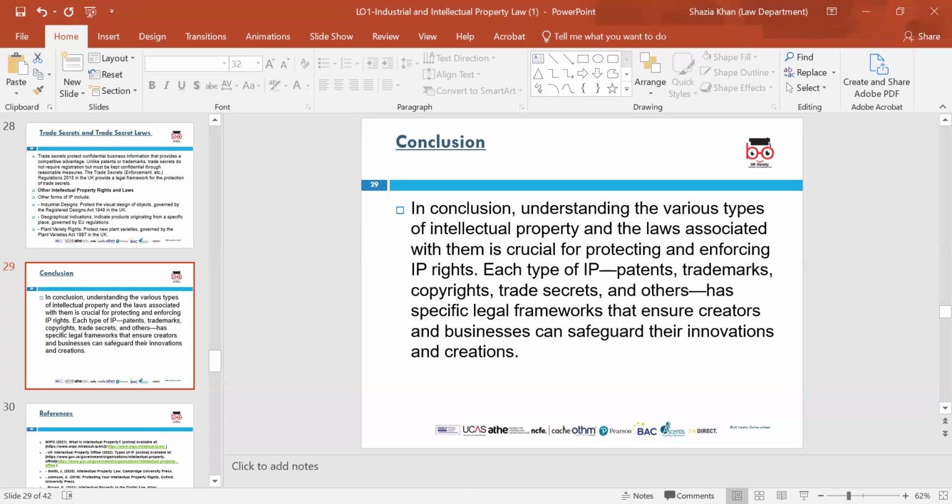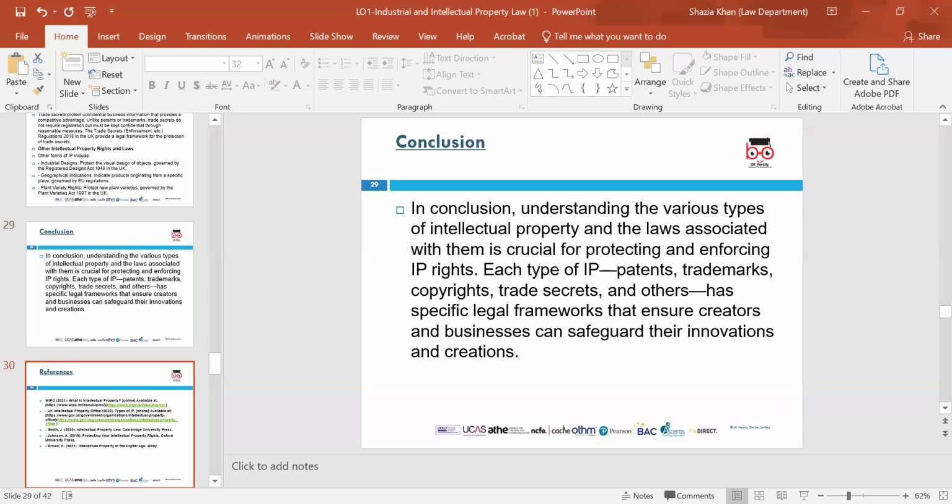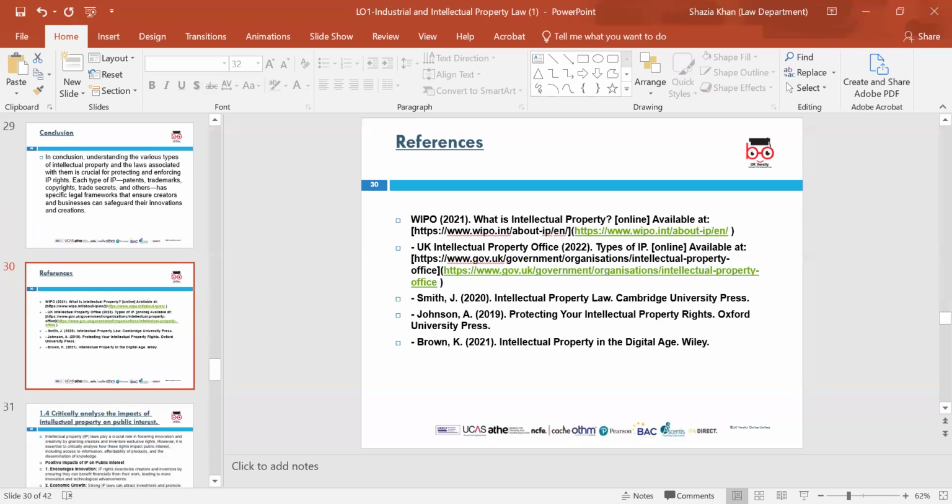It's really important because it needs to protect individuals, and it also needs to protect and enforce any sort of intellectual property rights, be it on trade secrets or copyrights, and it ensures that everyone is aware of the legal frameworks, and that businesses can safeguard any sort of innovations and creations, because these laws protect the businesses but also safeguard the individual as well. These are references used for assessment criteria 1.3.